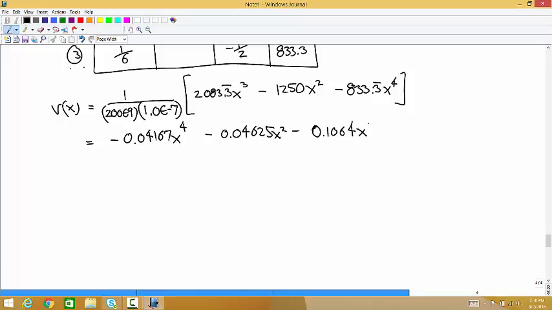This is the x cubed. Okay, something like that. That's not what I got. Oh, the last two numbers.